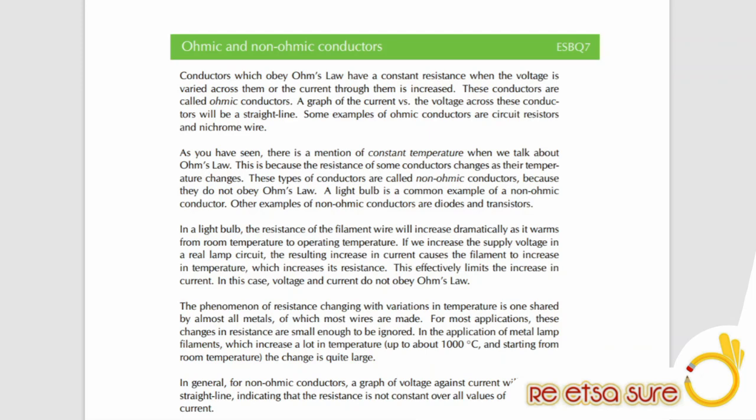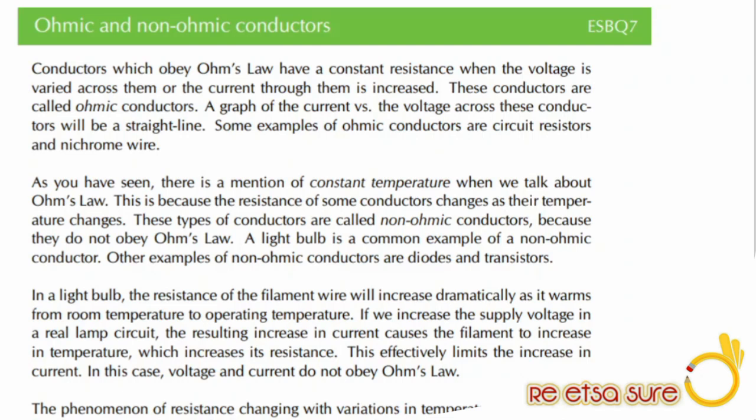Okay, now let's check. Let me just go through it. Conductors which obey Ohm's law have a constant resistance when the voltage varied across them or the current through them is increased. These conductors are called ohmic conductors. A graph of current versus the voltage across the conductor will be a straight line, meaning for ohmic conductors, this is what we are going to see.